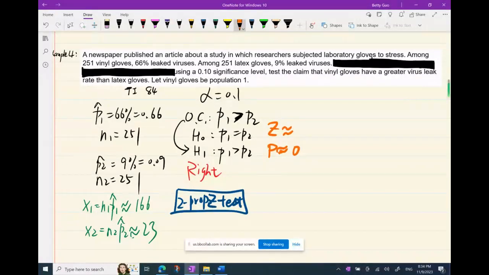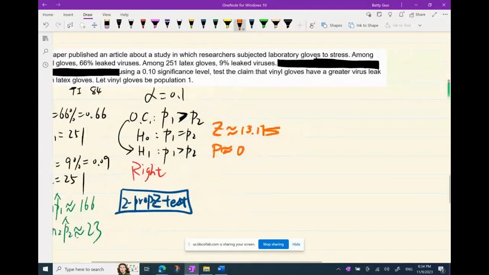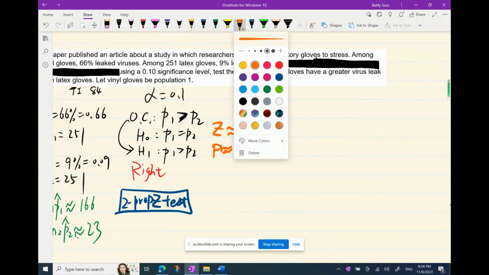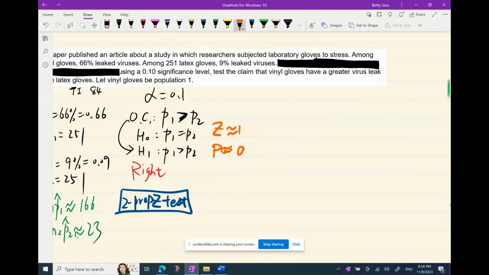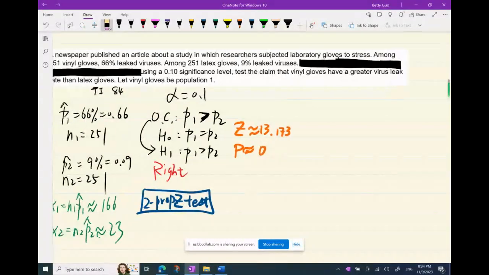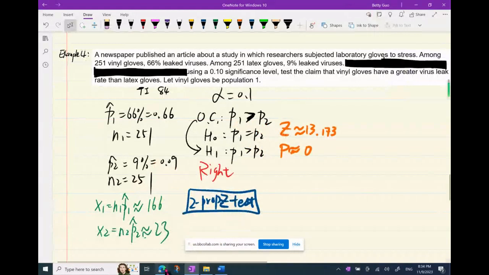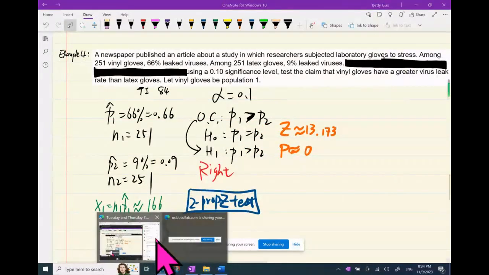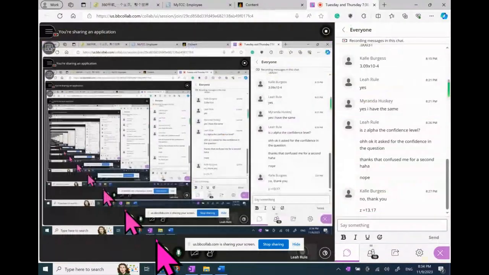And the test statistic is pretty large, 13.173. Oops, my surface is not flat anymore. It's 13.173. 0.00, yeah, when you see 0.00, sometimes you know rounding down would not matter much. Let's see what you have. Yeah, very good.